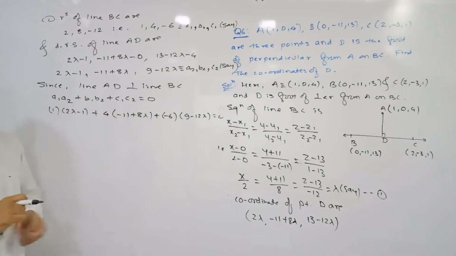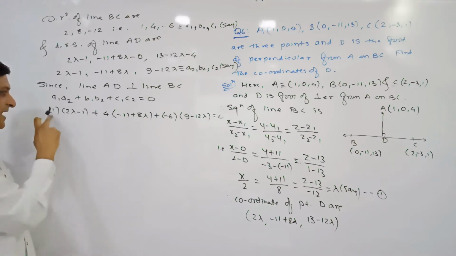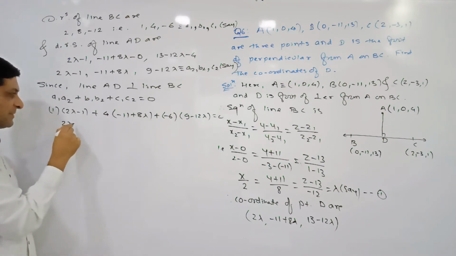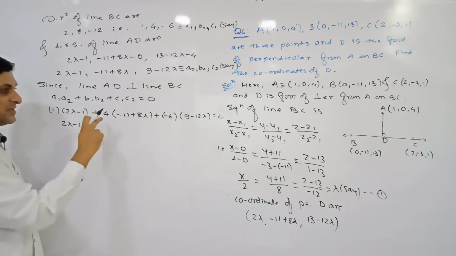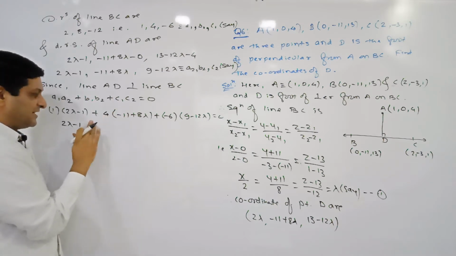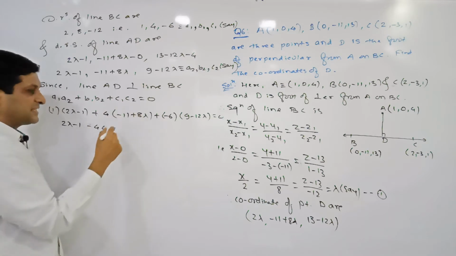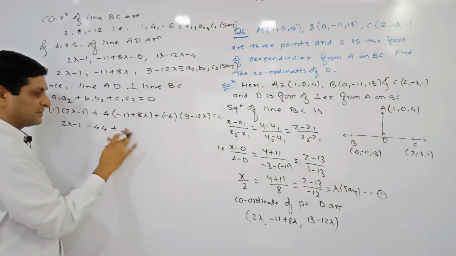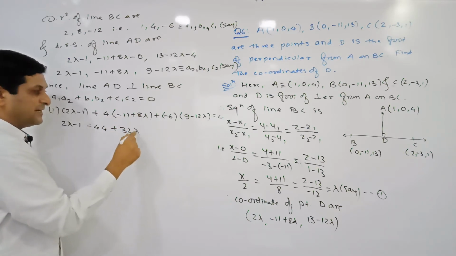Now let us simplify it and find the value of lambda. We get 2 lambda minus 1 plus 4 into minus 11 is minus 44, and 4 8s are 32 lambda.